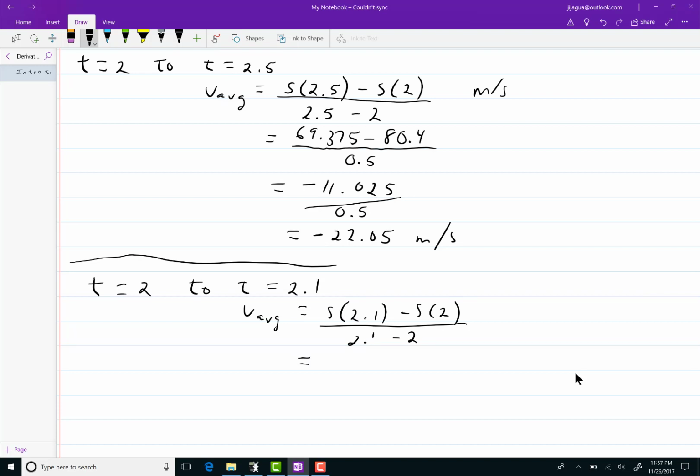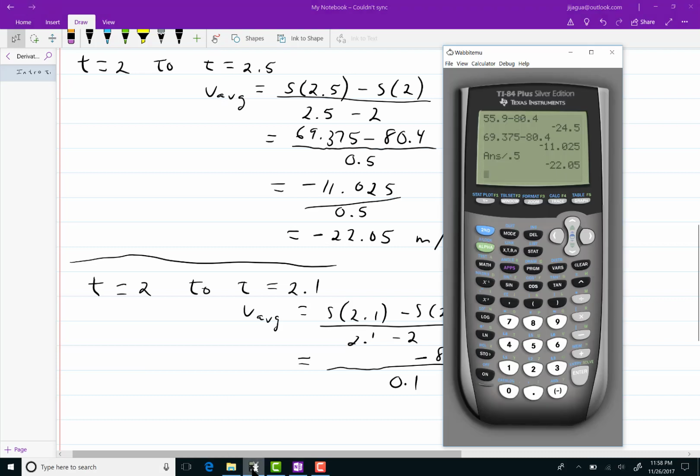I've already got s of 2 a million times, that's 80.4. Down here is 0.1. To get s of 2.1, I'll simply go back to my table set, change the increment to 0.1, and look at the table value for 2.1.